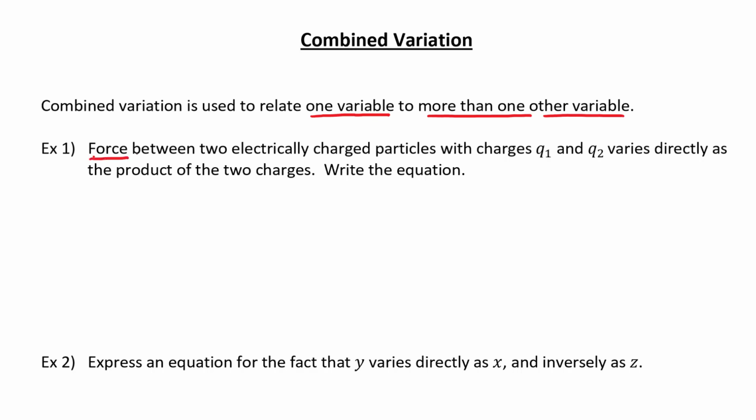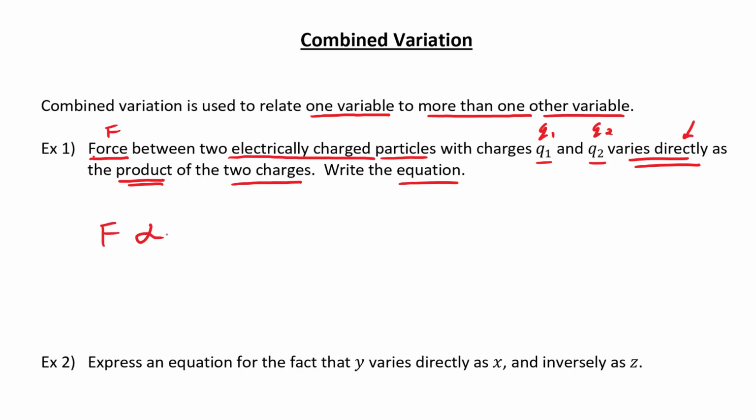The force between two electrically charged particles, Q1 and Q2, varies directly as the product of the two charges. Write the equation. So our variables, we have force, we have charge 1, we have charge 2. It says they vary directly.